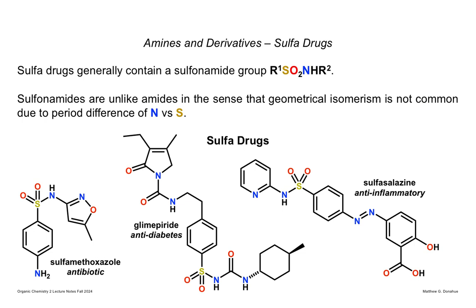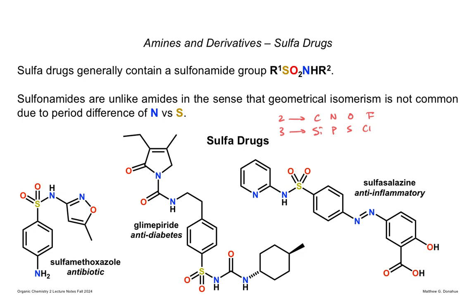Again, that's due to the relationship of the nitrogen to the sulfur in the periodic table. So if you have C, N, O, F, you can see all of those are in period 2, silicon, phosphorus, sulfur, chlorine. The sulfur is now in period 3, and so that difference in the van der Waals radii really prevents isomerism through resonance.